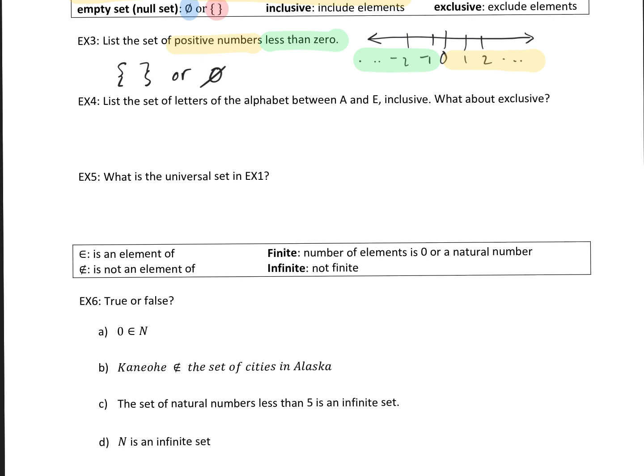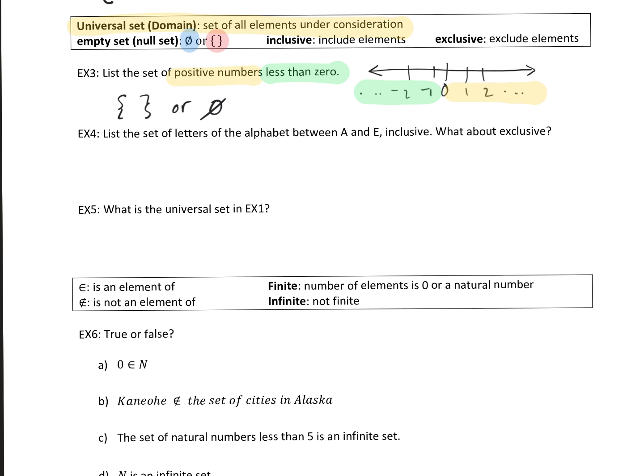All right, example 4, list the set of letters of the alphabet between A and E inclusive. And then, what about exclusive? So inclusive, again, means to include the elements. So the first one, we're going to include A and E. And then when we exclude it, we're not going to include A and E. So first, let me just list these out for fun. A, B, C, D, E, F, G, and so on.